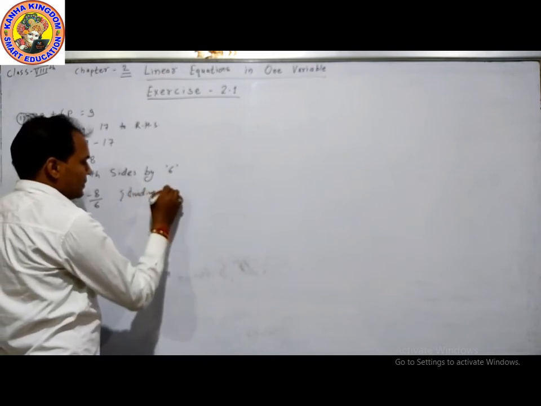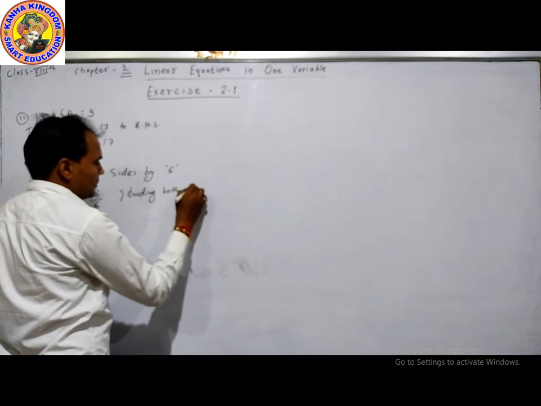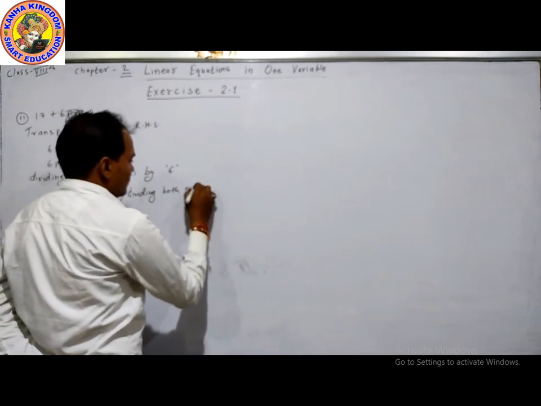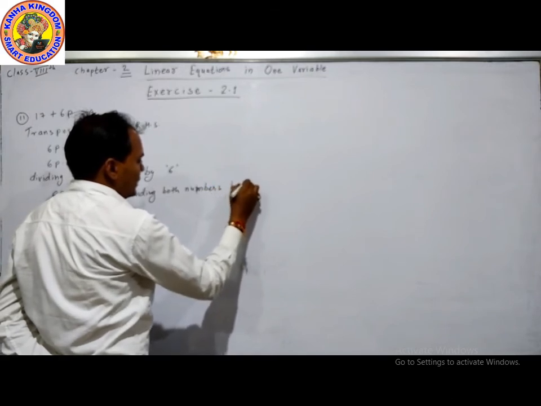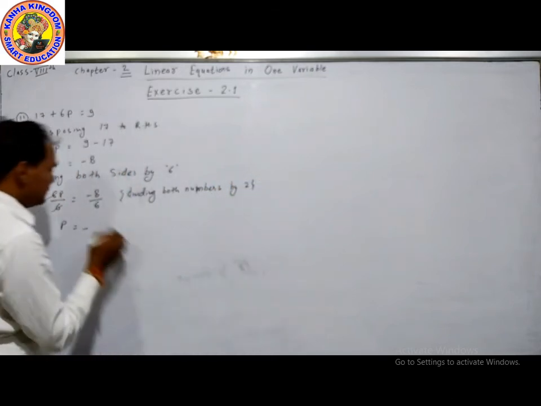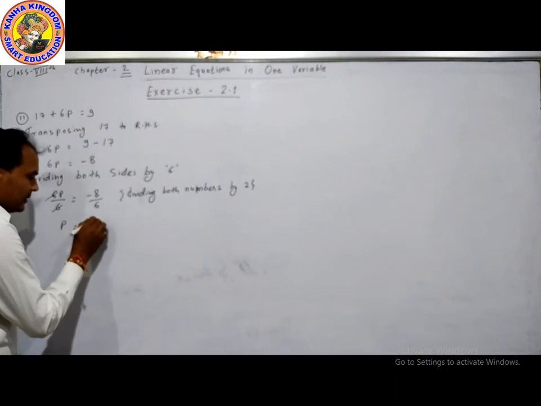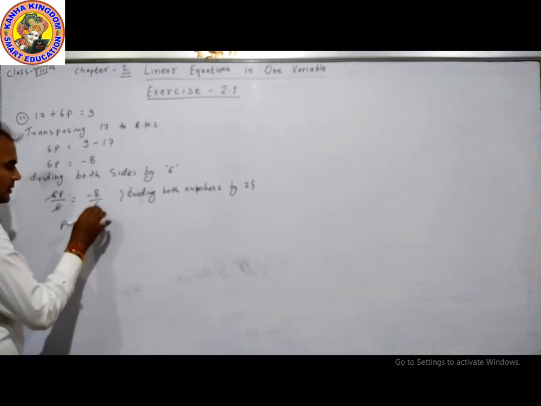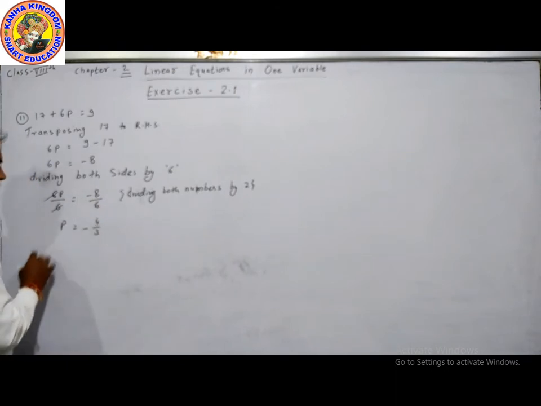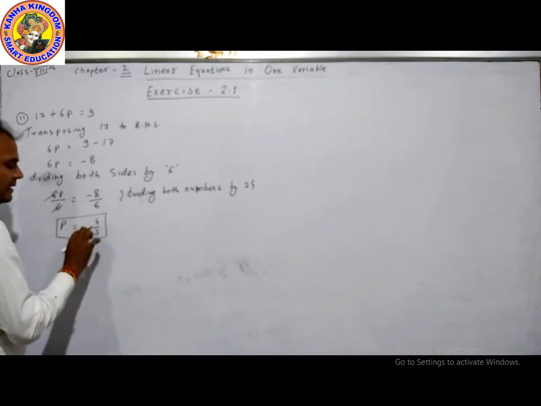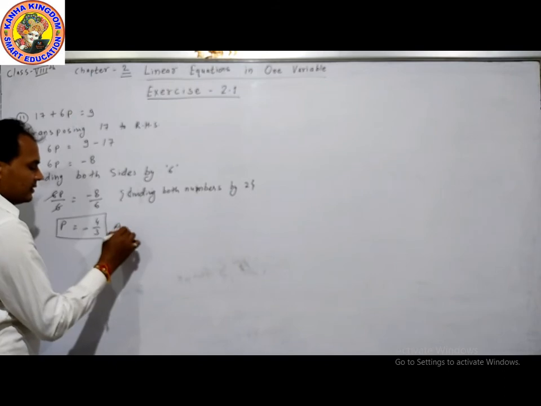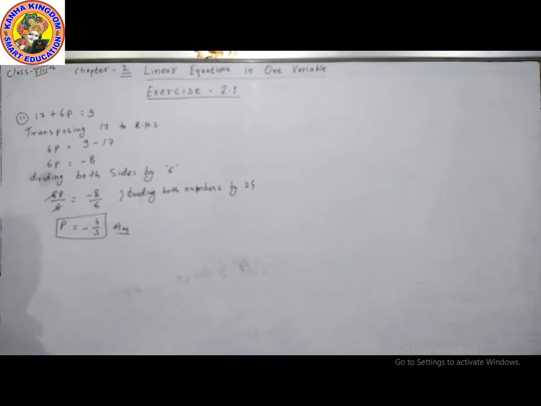Dividing both numbers by 2, 8 divided by 2 is 4, and 6 divided by 2 is 3. The final answer is p is equal to minus 4 by 3. This is our next question.